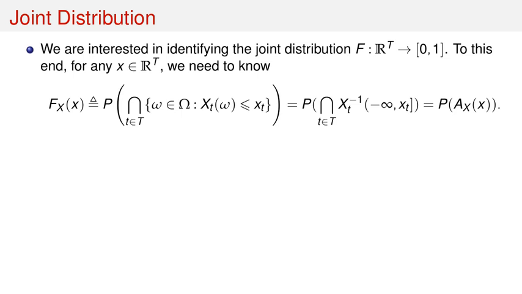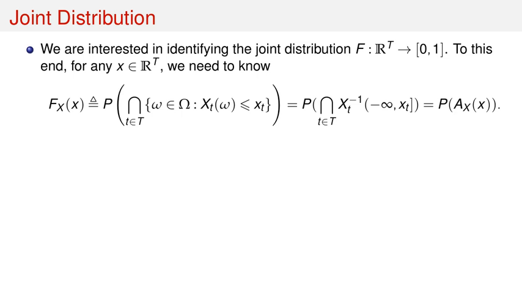Now let's consider the joint distribution over the entire index set T. We are interested in identifying a joint distribution F from R to the T to the closed interval [0,1]. To do this, for any function x in R to the T, an assignment of a real number to every index in T, we would need to know F_X of x, defined as P of the intersection over t in T of {omega in Omega such that X_t of omega is less than or equal to x_t}.